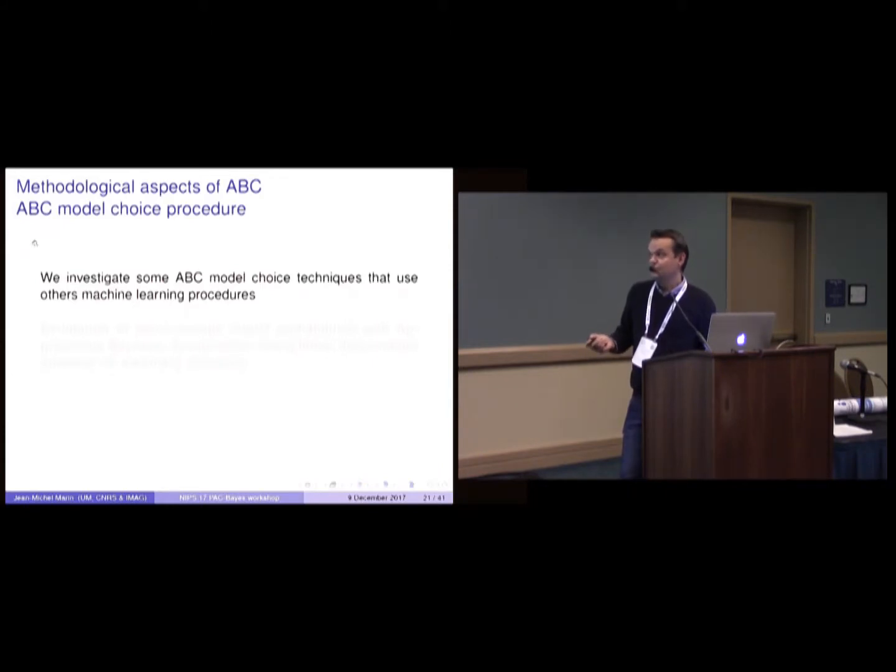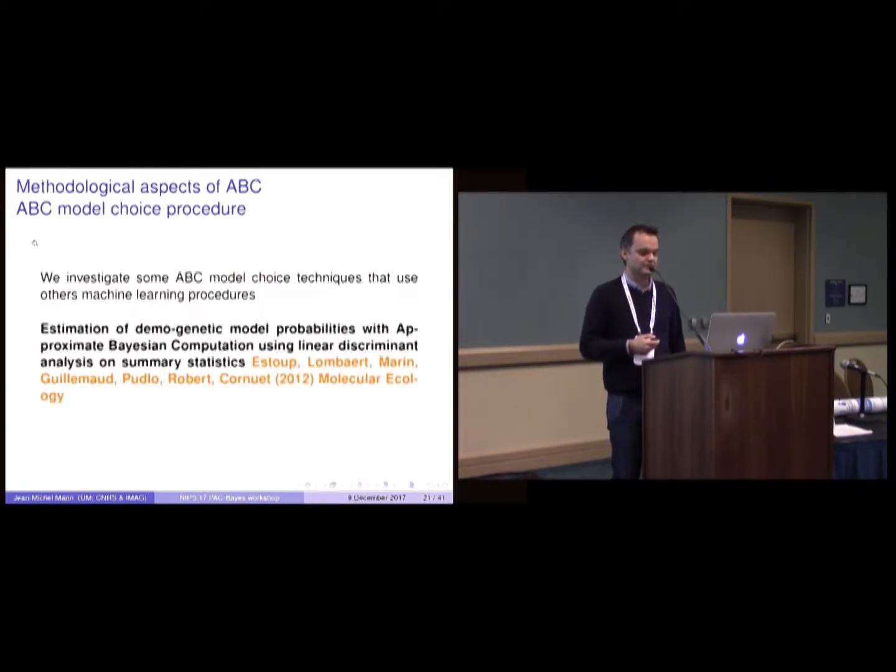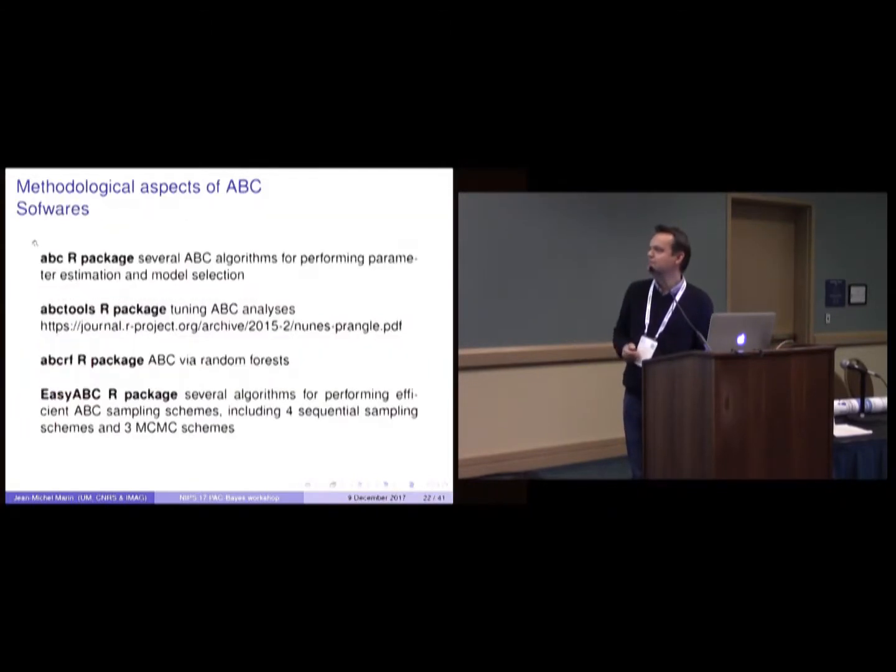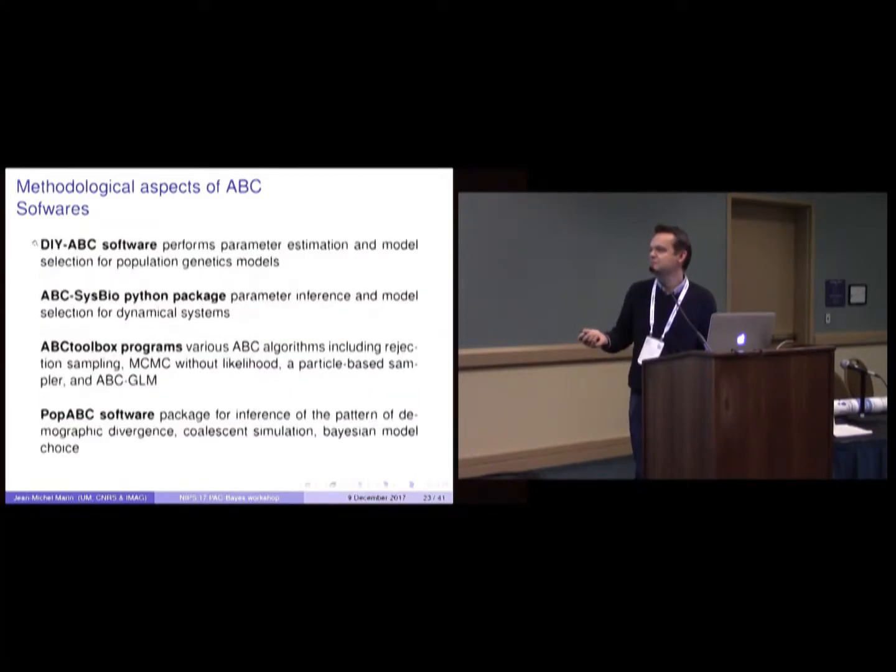So we have also investigated some ABC model choice techniques that use other machine learning procedures than the k-nearest neighbor, and this is the first step to use machine learning within the ABC paradigm. There is a lot of software right now which implements the method. This is a set of R packages, including ours, which is ABC using random forest here. And there are also some specific tools associated with specific classes of models.